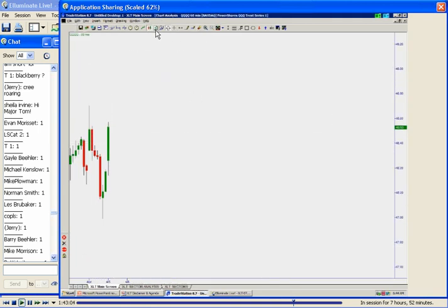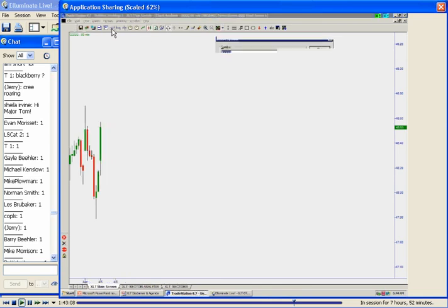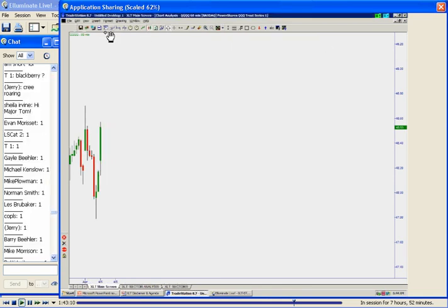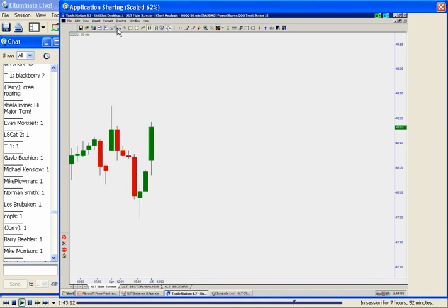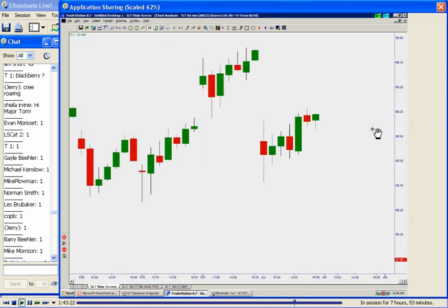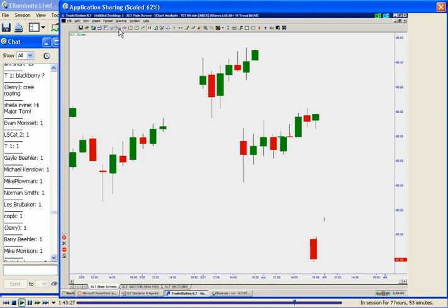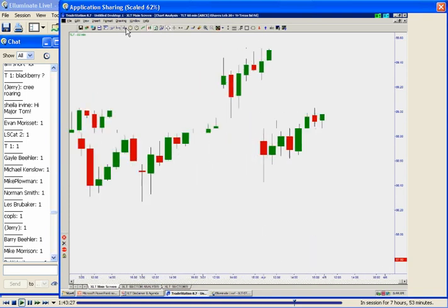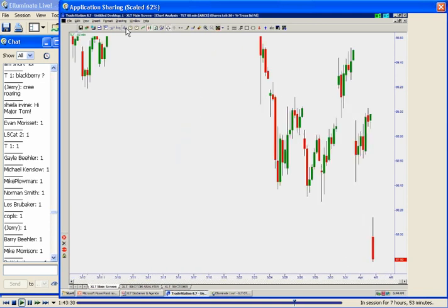Actually, let's see here. Here's our Qs. Zoom out on that. Okay, getting up there. Still got a little ways to go on the Qs. So got that big topping tail from over there. Yeah, TLT, oftentimes you'll have that where TLT has a nice inverse relationship with the market.